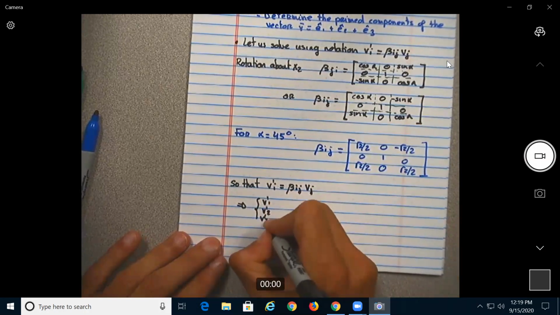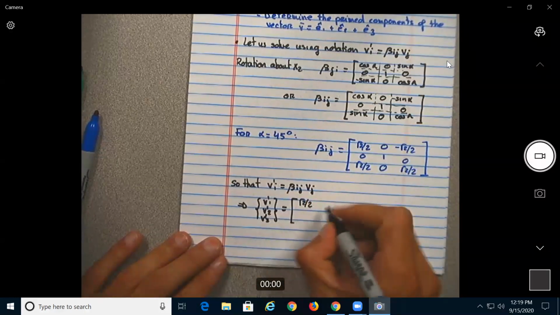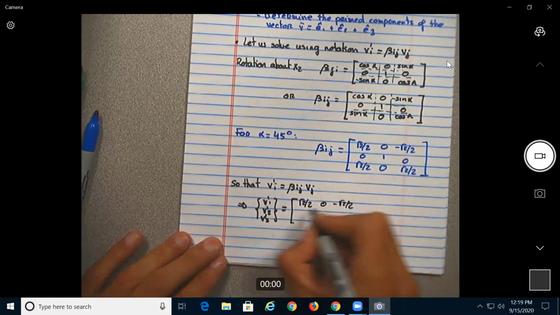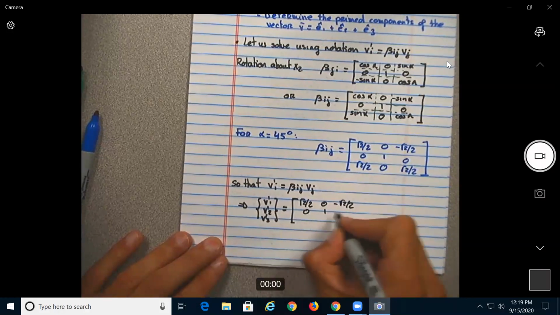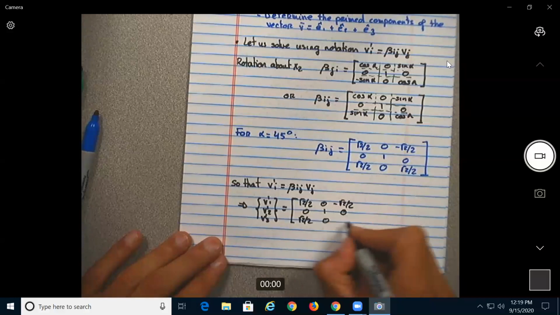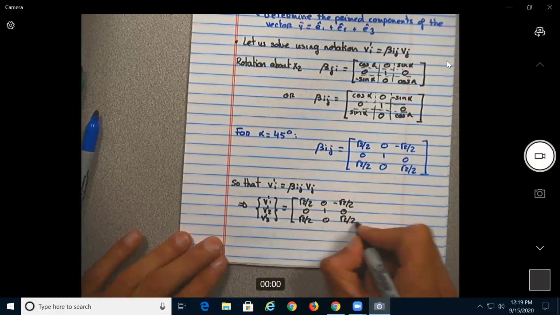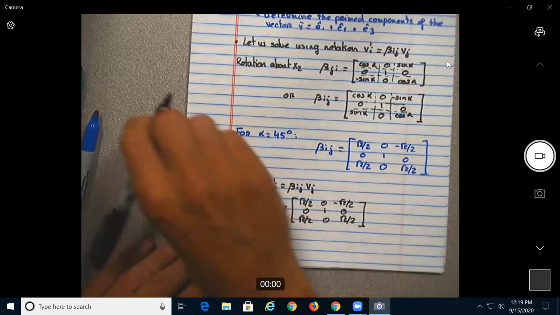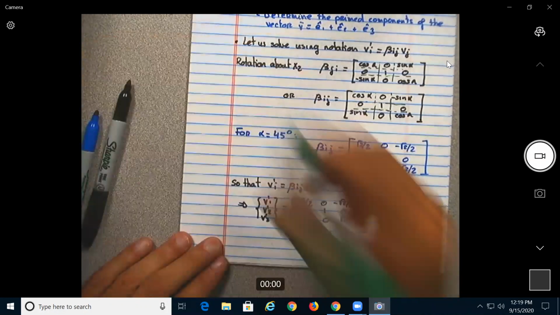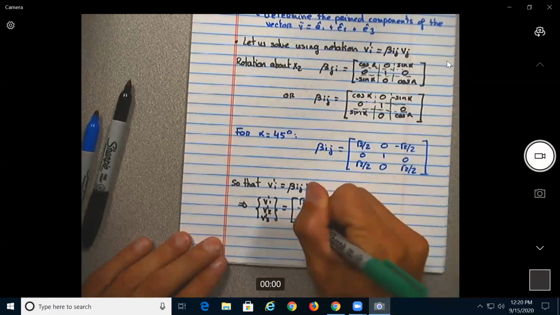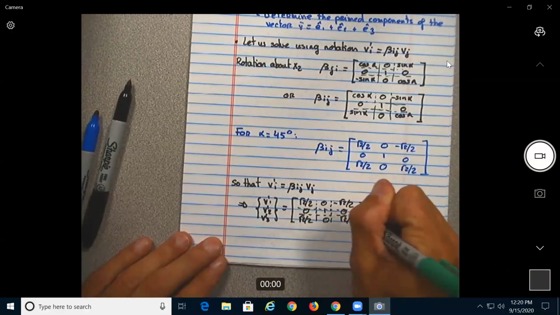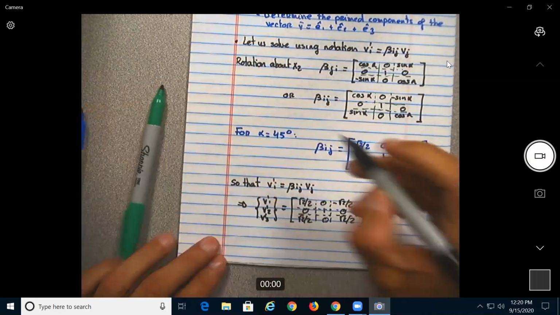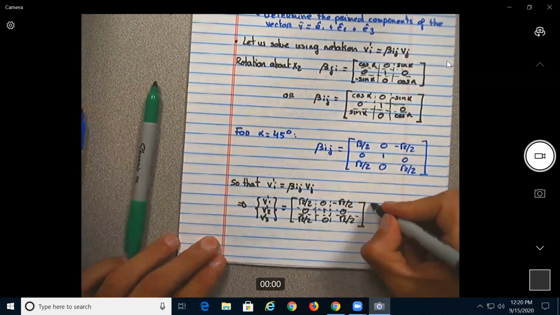Beta ij will be square root of 2 over 2, 0, minus square root of 2 over 2, 0, 1, 0, square root of 2 over 2, 0, square root of 2 over 2. Okay, and our vector v is 1, 1, 1.